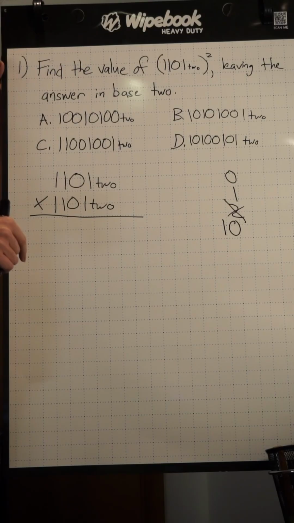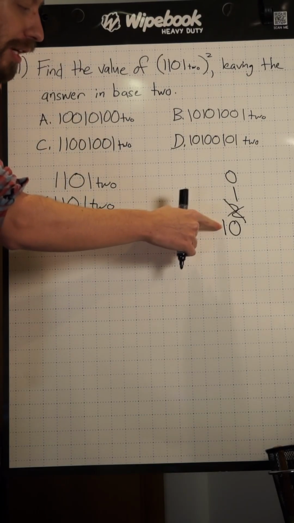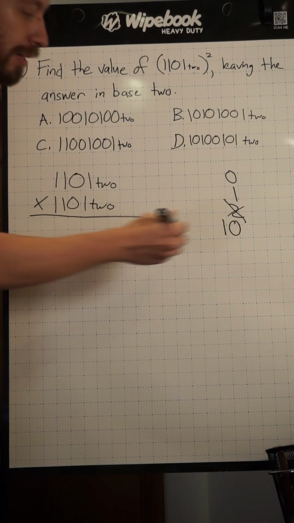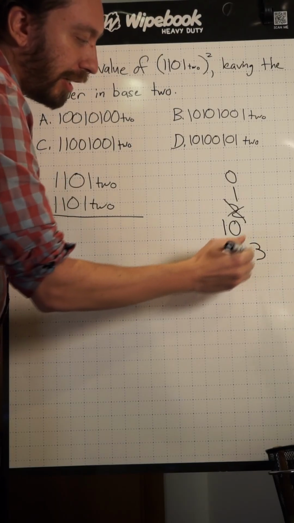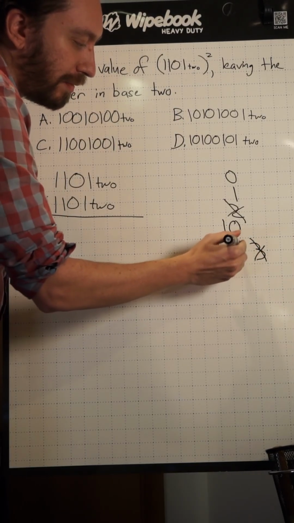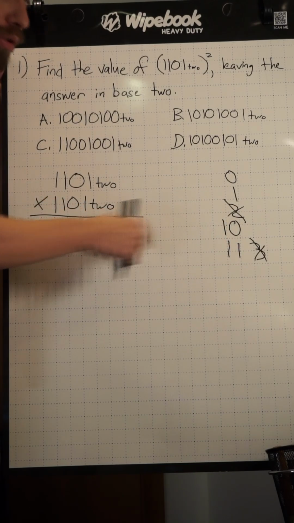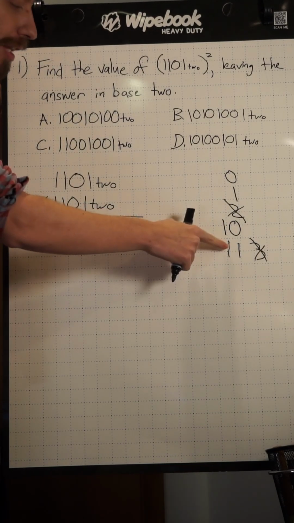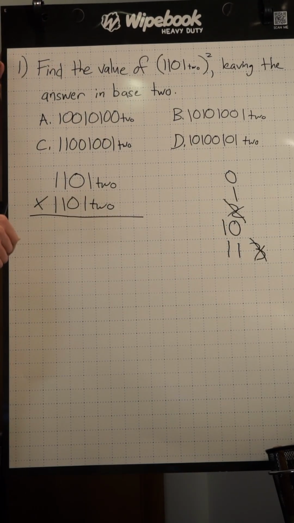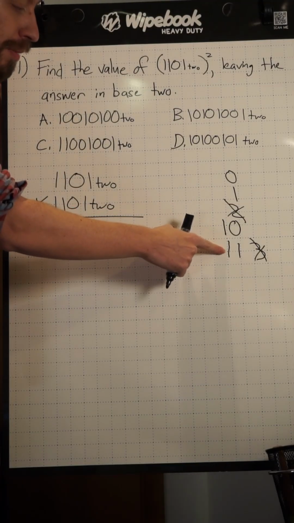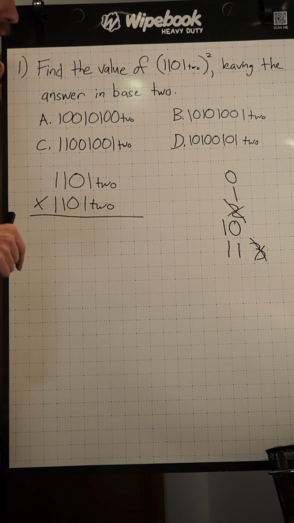But in the base 2 number system, this is how we will write 2. The next number, instead of 3, we would write it like this, because we just add 1 to this number. It looks like 11 in the base 10 number system, but in the base 2 number system, this is how we would write the number 3.